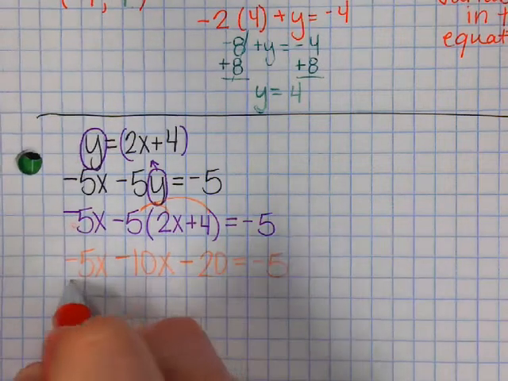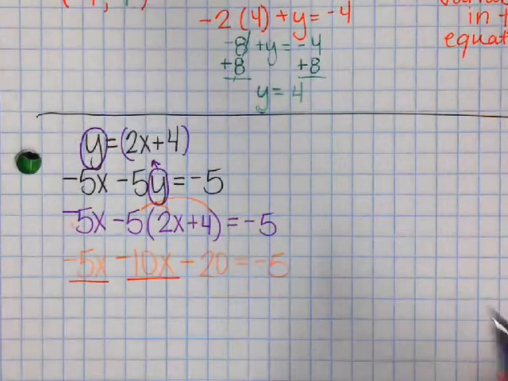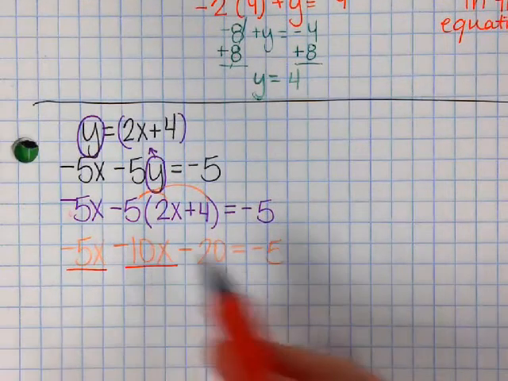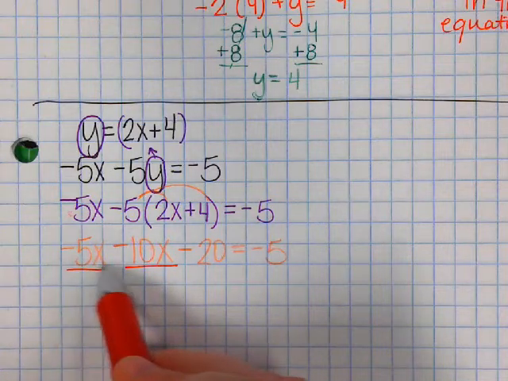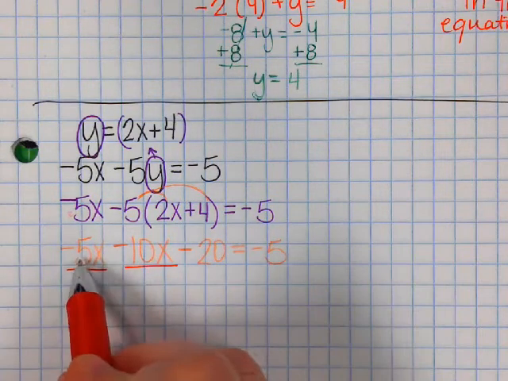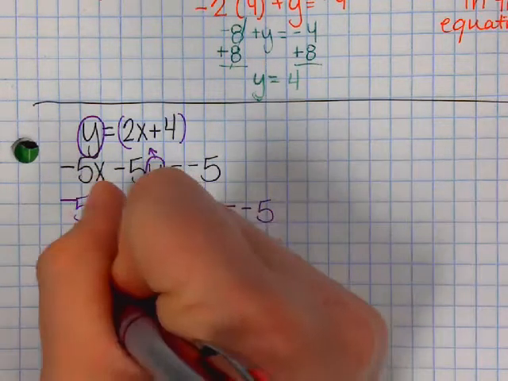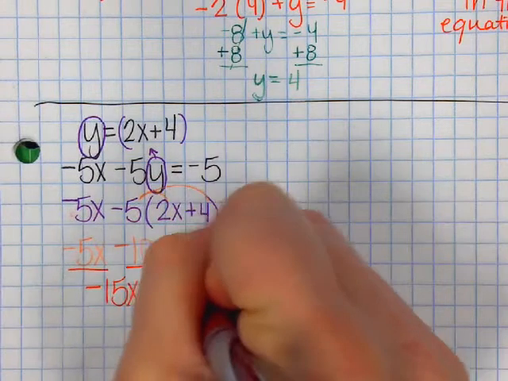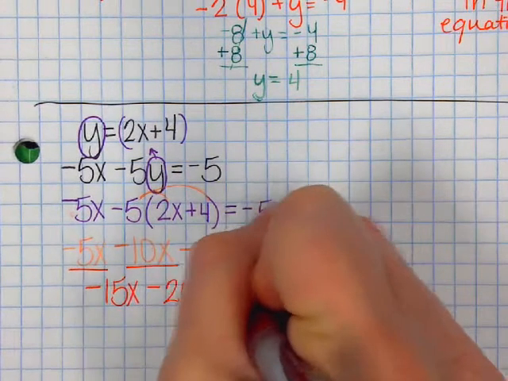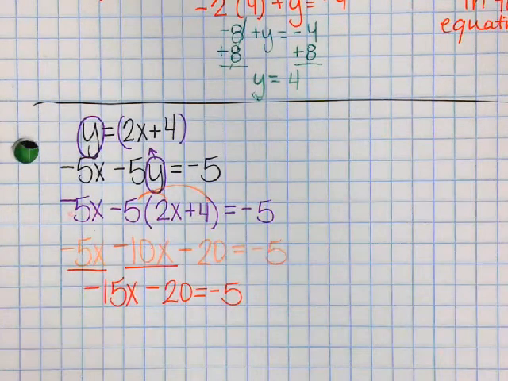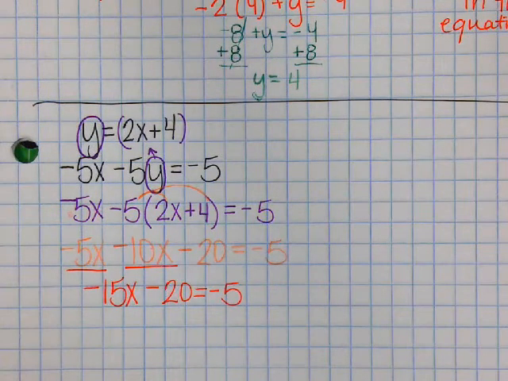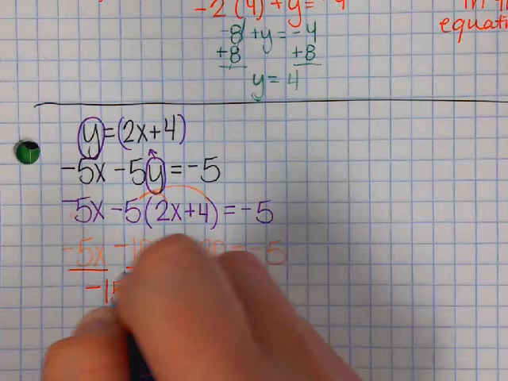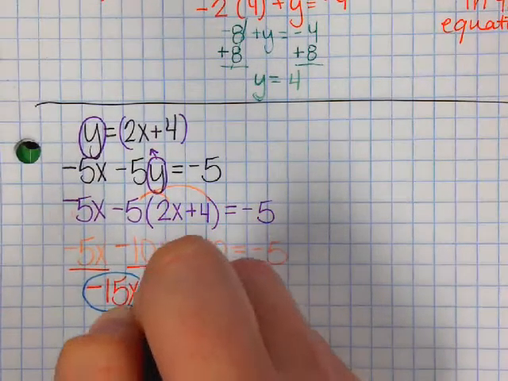And then just keep solving. So combine like terms. They're on the same side of the equation, so I just have to combine them. Negative 5x minus 10x. If I owe you 5 and owe you 10, I owe you 15 total. So it would be negative 15x minus 20 equals negative 5.